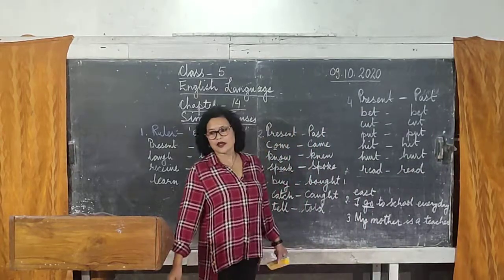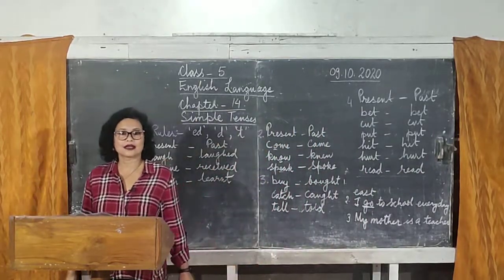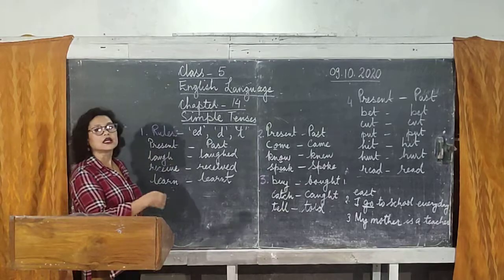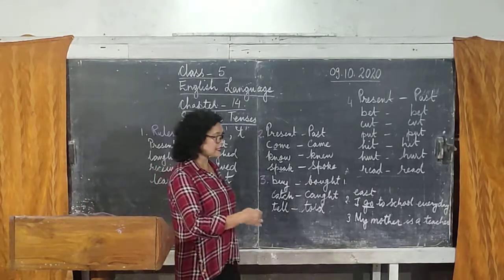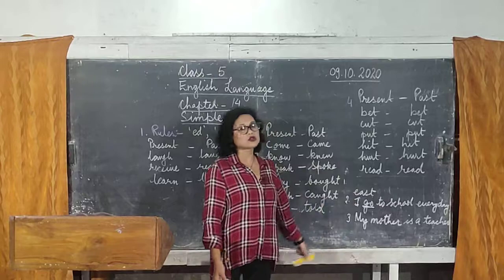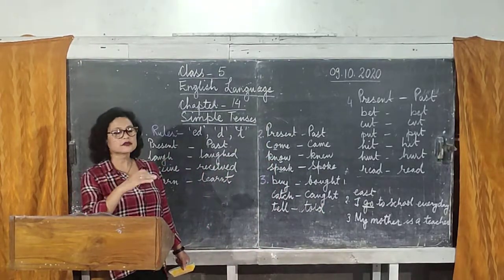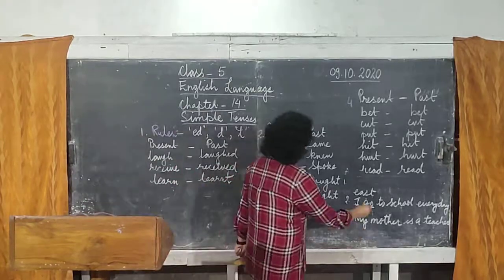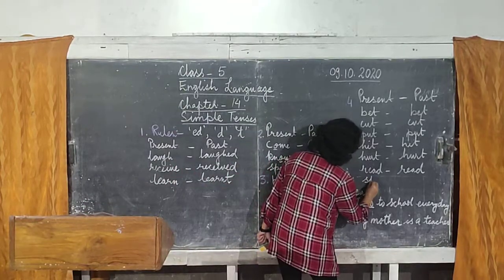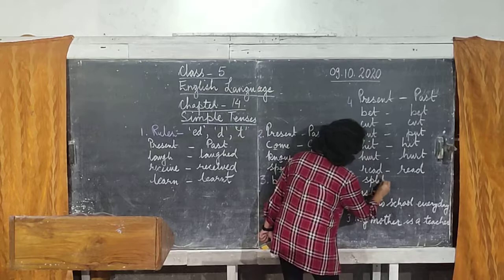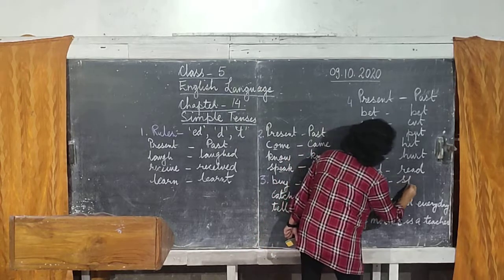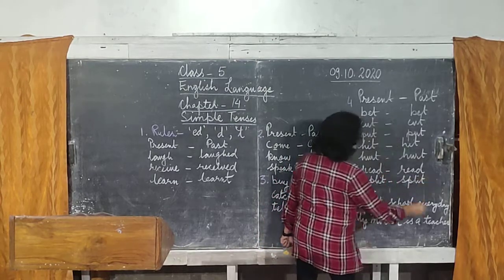I read the story last night. I'm reading the story now. Present. I read. Only the pronunciation changes, though the spelling is the same. Spit. Split. There are many more other words you will come across.